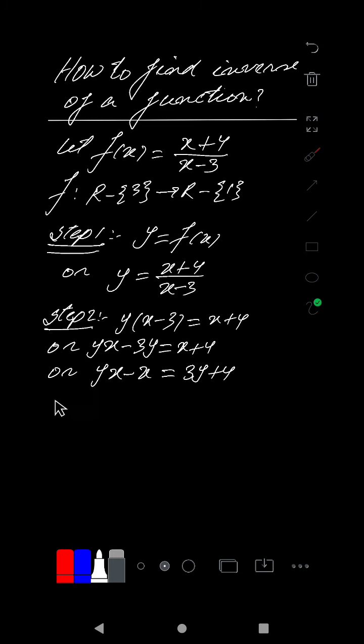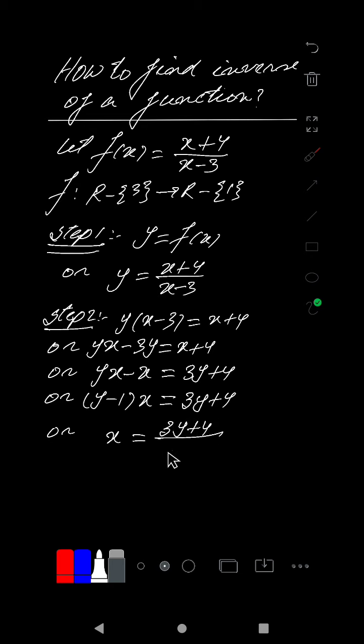Then taking x common out of these two, we have y minus 1 into x is equal to 3y plus 4. Now transposing y minus 1 to the right hand side, finally we have x is equal to 3y plus 4 upon y minus 1.